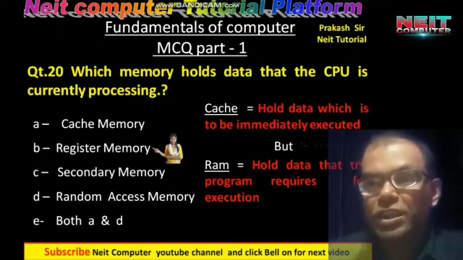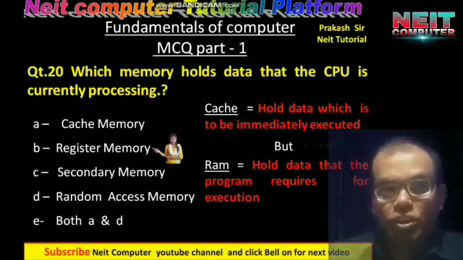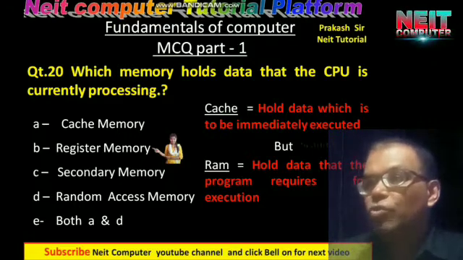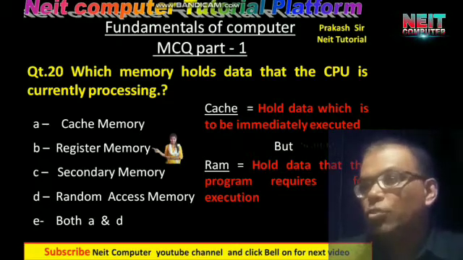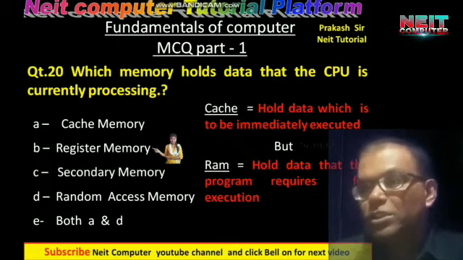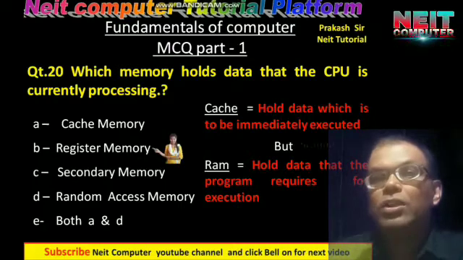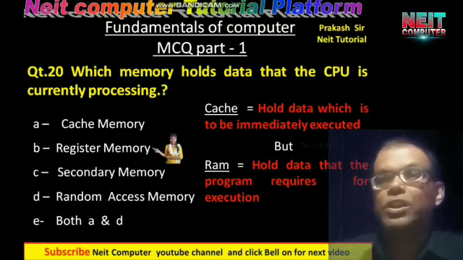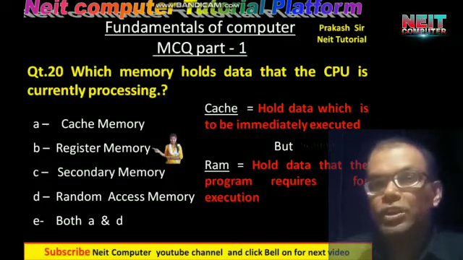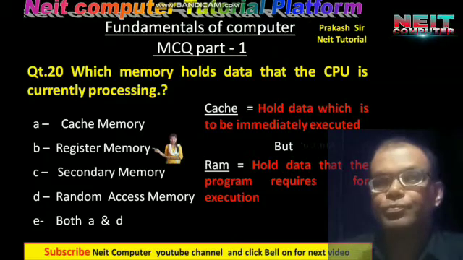The correct answer is register memory, because cache memory holds data which is to be immediately executed, and random access memory holds data that the program requires for execution, and register memory is the real memory that holds data during processing. कला बेले डाटा register memory ही hold करा जाई थाए. So the correct answer is register memory, option number 2.